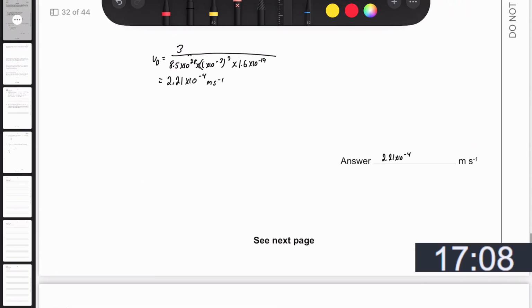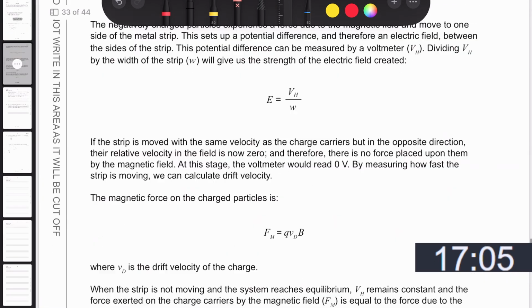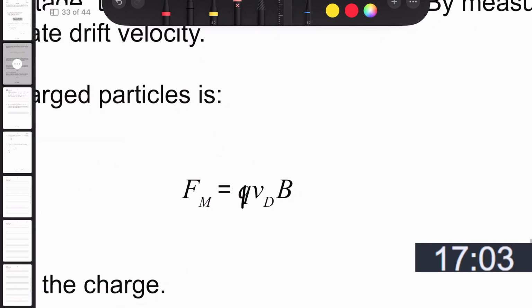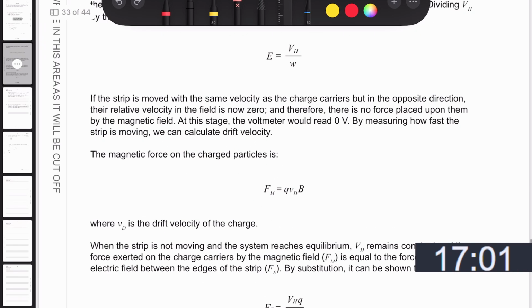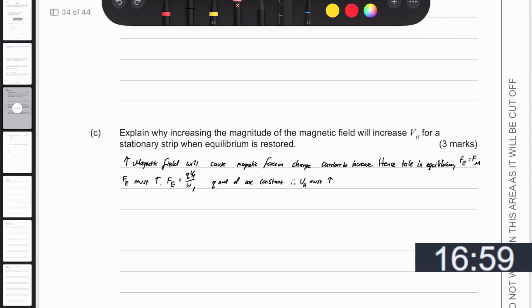If I sub in V_D with that, I N A Q gets cancelled out.